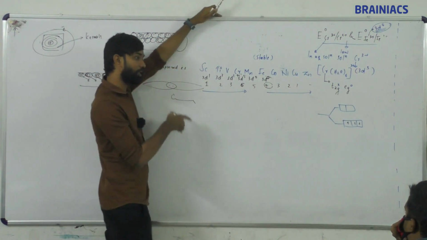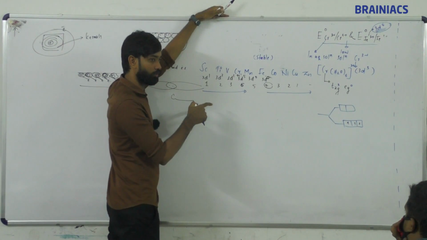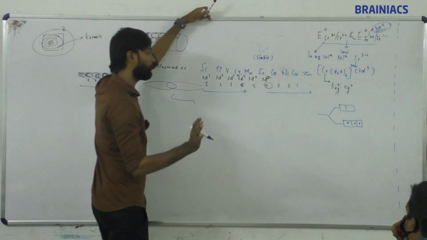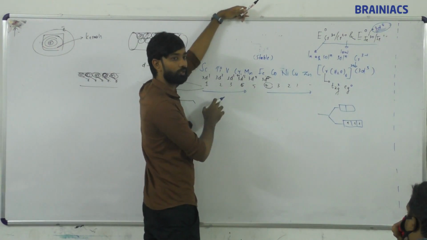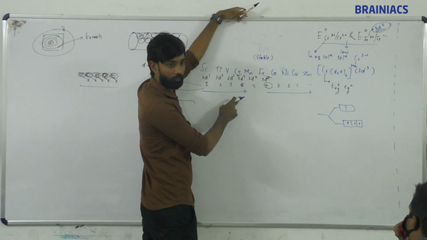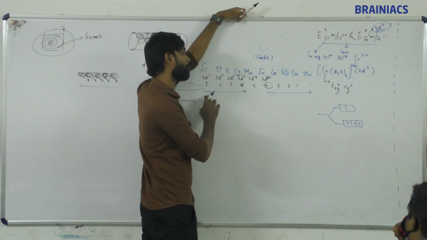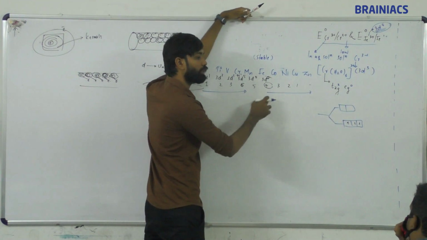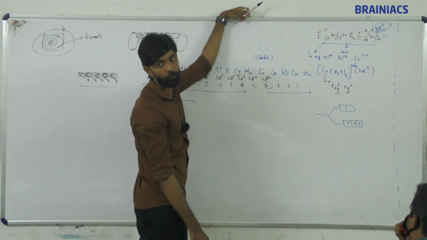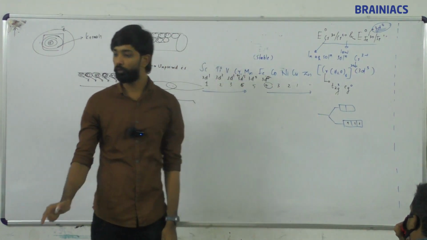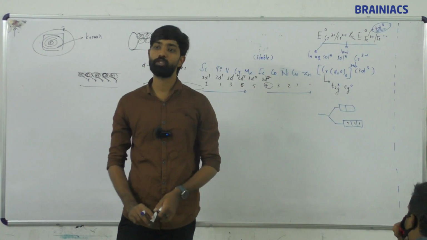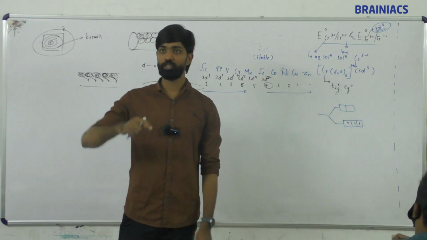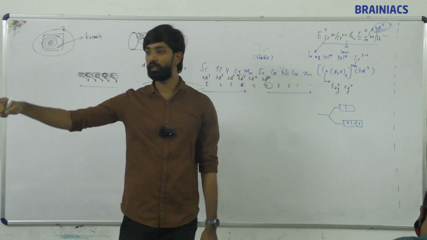That force of attraction depends on the availability of unpaired electrons, whose trend first increases, then decreases. So the trend of melting point, boiling point, and heat of atomization also follows the same: first it increases, then it decreases.